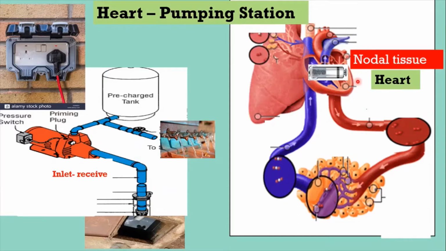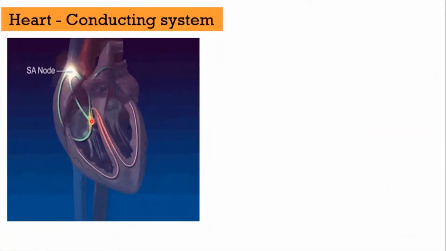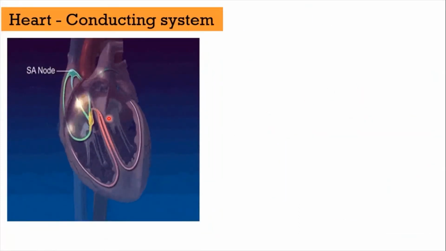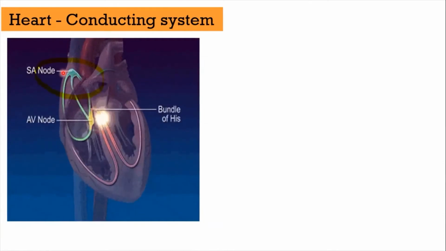It depends on its own muscles for its regular activity, that is the heartbeat. So some cardiac muscles, we know the meaning of cardiac muscles. The muscles present in the wall of the heart are known as cardiac muscles. They are specialized, modified for the generation of electrical impulses. So the first function of nodal tissues is generation of electrical impulses.